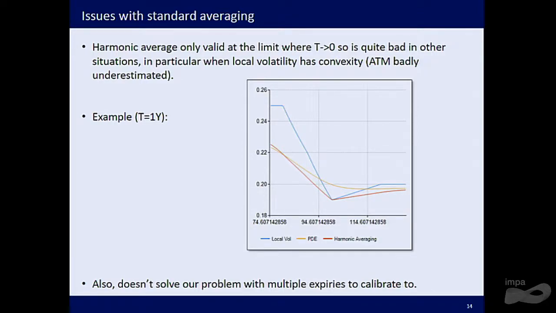The harmonic average will be the red curve. It has, for example, the disadvantage that it doesn't price any convexity. The at-the-money one is just the same value as the local vol at-the-money. So it gives you a little bit of the shape, but it's not very good.